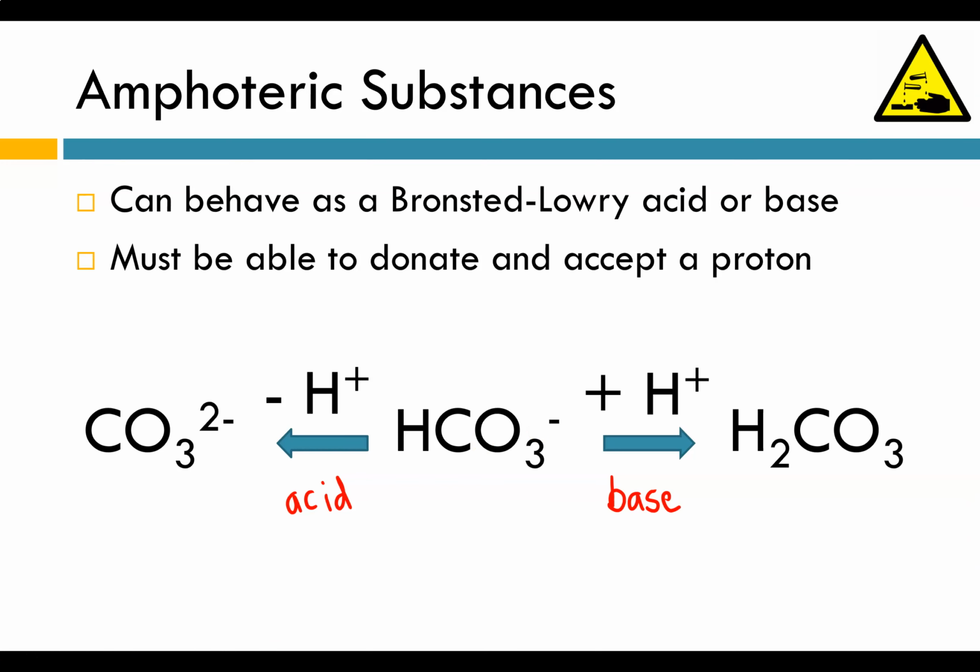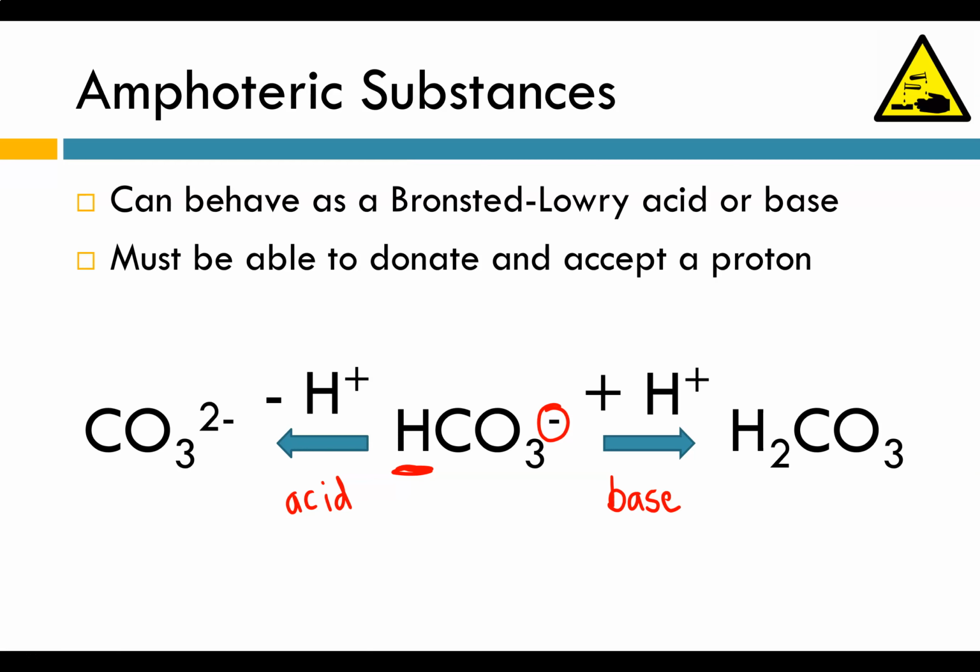So again, two key things to look for when it comes to amphoteric substances are that negative sign, often suggesting that it can accept a proton, and hydrogen, which, if it's at the front or the first element listed in a formula, there's a good chance that that is a donatable proton.